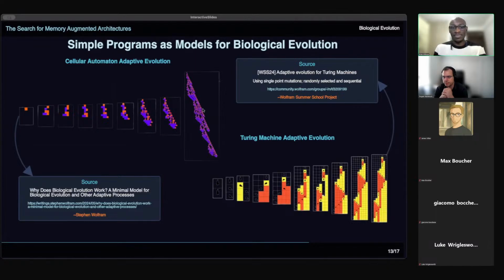Turing machines and cellular automata are simple systems that can help in doing that.